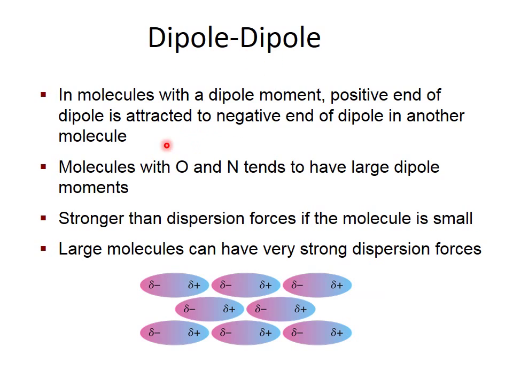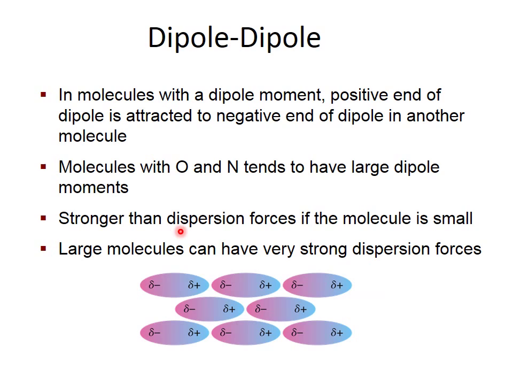But the thing that you can remember that makes it easy is that if you see oxygen or nitrogen in a molecule, those molecules tend to have large dipole moments and so have strong dipole-dipole forces.